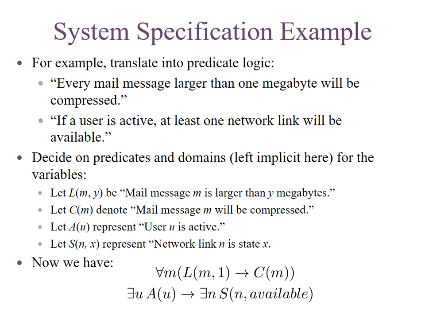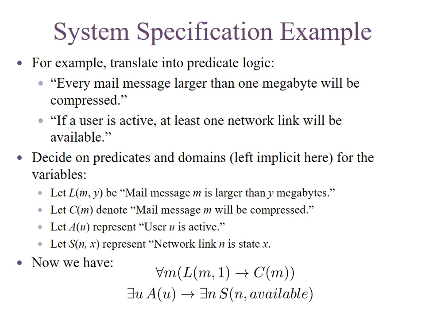Okay, so let's see how we write these sentences in predicate logic. For the first sentence, a mail message larger than 1 MB. Maybe we can use Mail of m, y. That means the mail message m is larger than y MB. We have the variable m to indicate different mail messages.